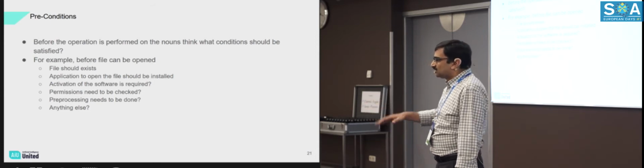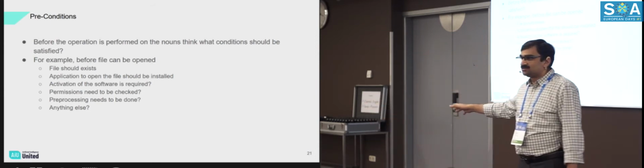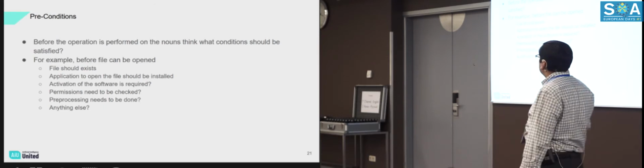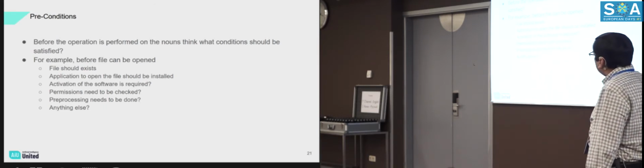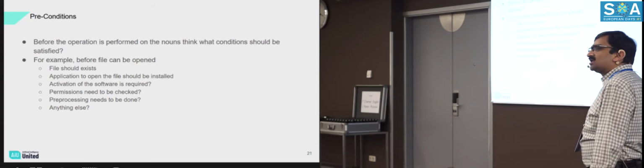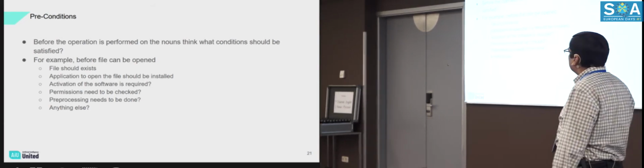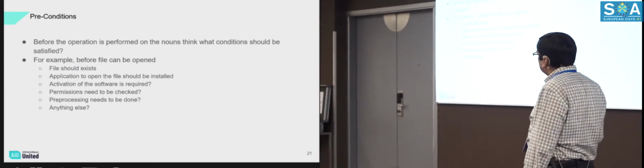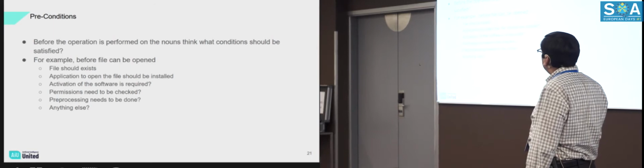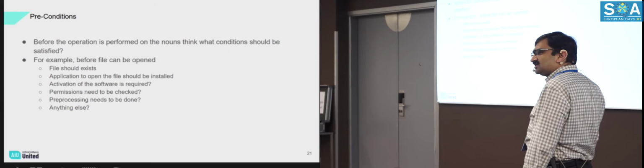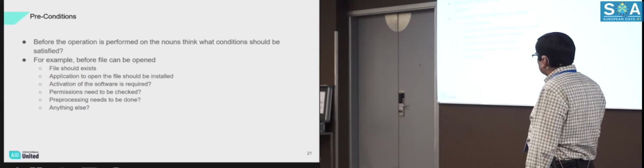Nobody really talked to me about this particular need. In preconditions, I'm asking, before a file can be opened, what conditions should be met? File should exist. Application to open the file should be installed. Do I need activation of the software? So that gives me test cases.